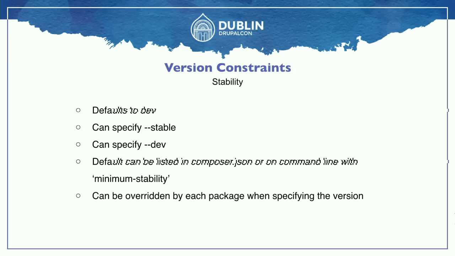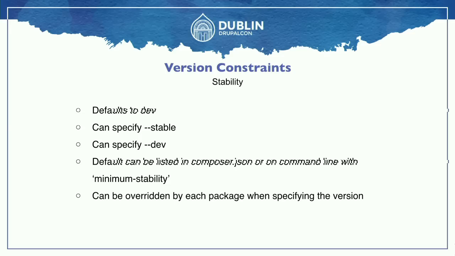You can also specify stability in constraints. Composer is going to default to dev as its minimum stability. But you can specify this in the versioning and in the command line when you're requiring a package. So you can specify that you'll accept the dev version, or you can specify that you only want a stable version.